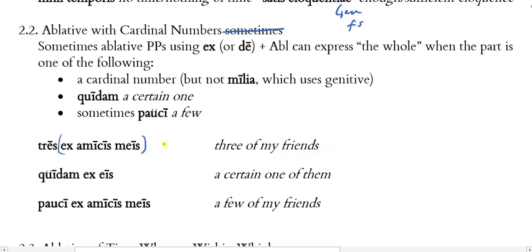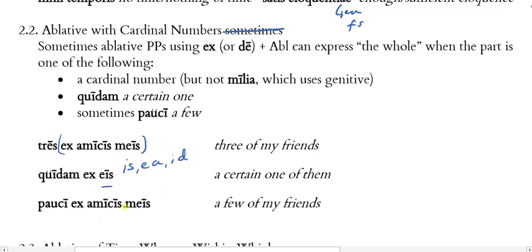Three of my friends. Quidam ex eis. If you remember, we had is, ea, id for our personal pronouns in Latin. And this is one of our personal pronouns in the ablative. So quidam ex eis is a certain one of them.